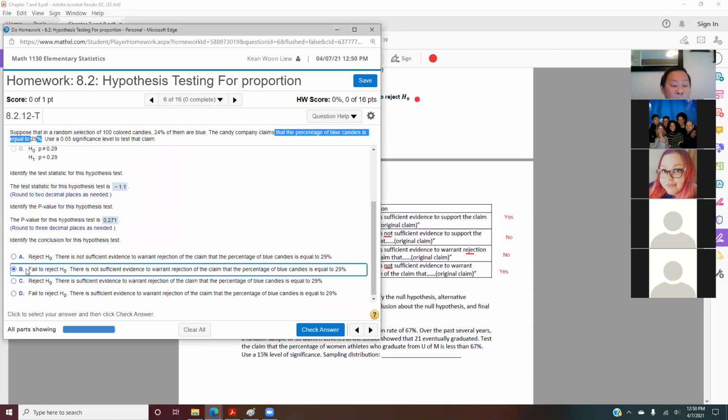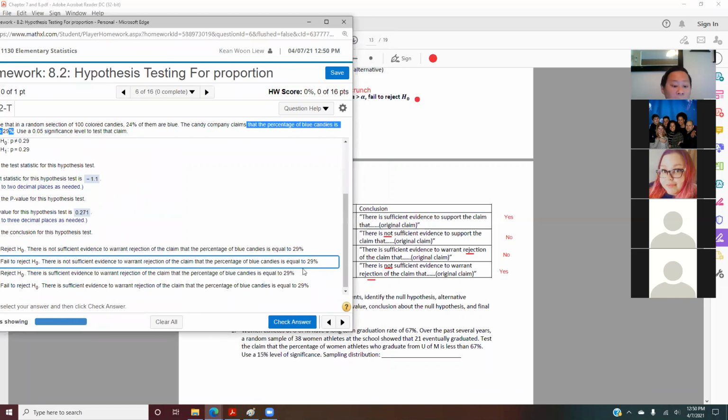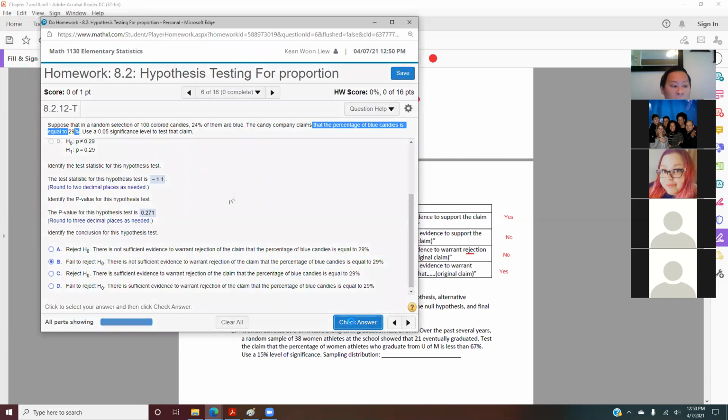So your answer in this case will be B. This comes from comparing your p-value and your alpha, and the last statement comes from the conclusion that you see over here. So this is the answer for question 6.